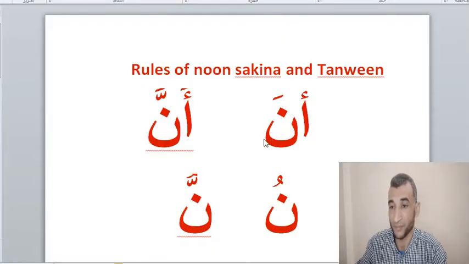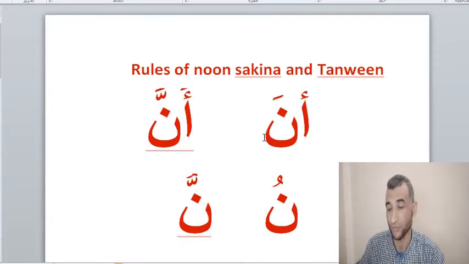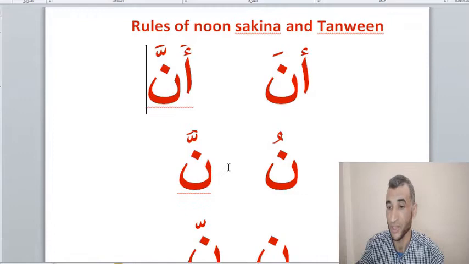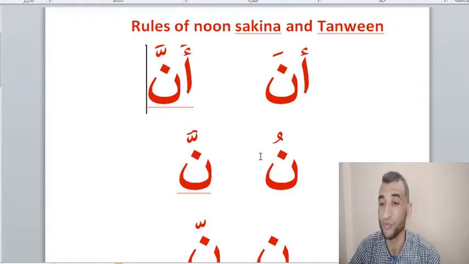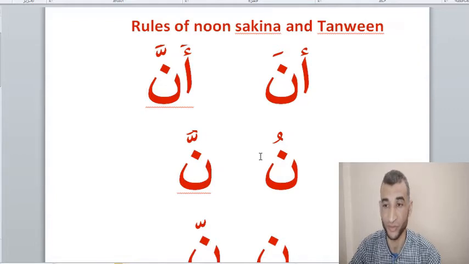So let us have a look at this page. What we see here is that there are many shapes of the letter Nun. So it is the letter Nun, and this is the letter Nun, and you can see there are many short vowels above the letter Nun.